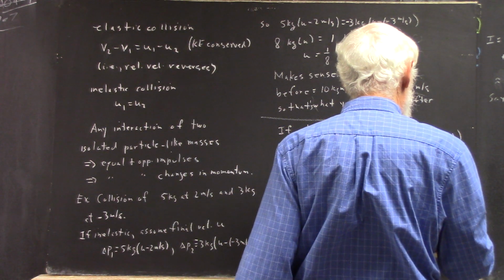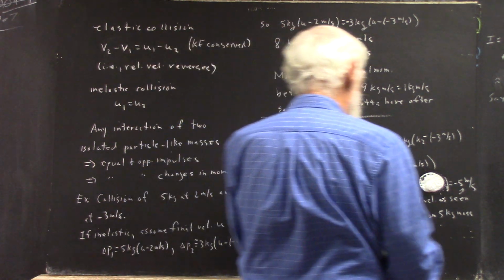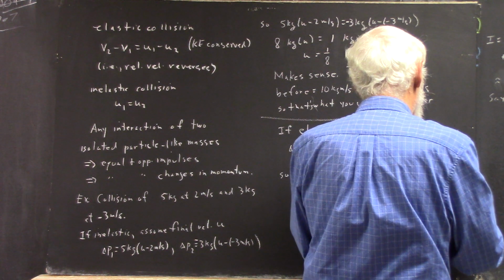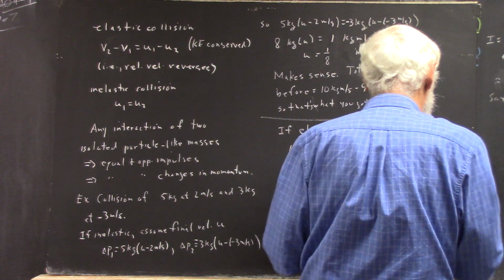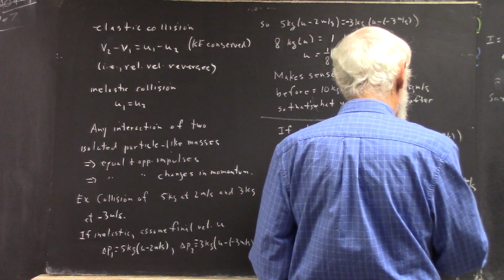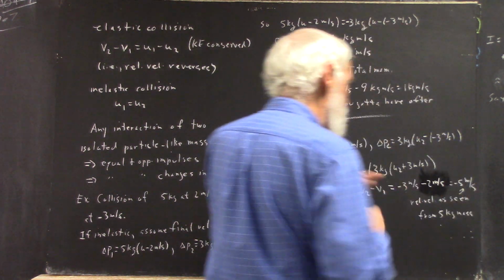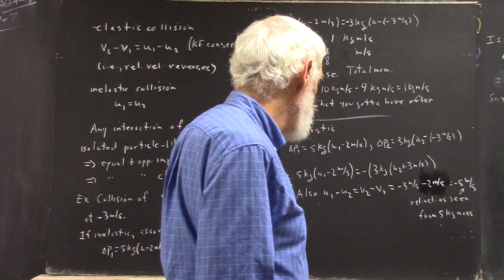I don't know what I was thinking. Negative signs again. Most common source of error in the universe. Your relative velocity is negative 5 meters per second.